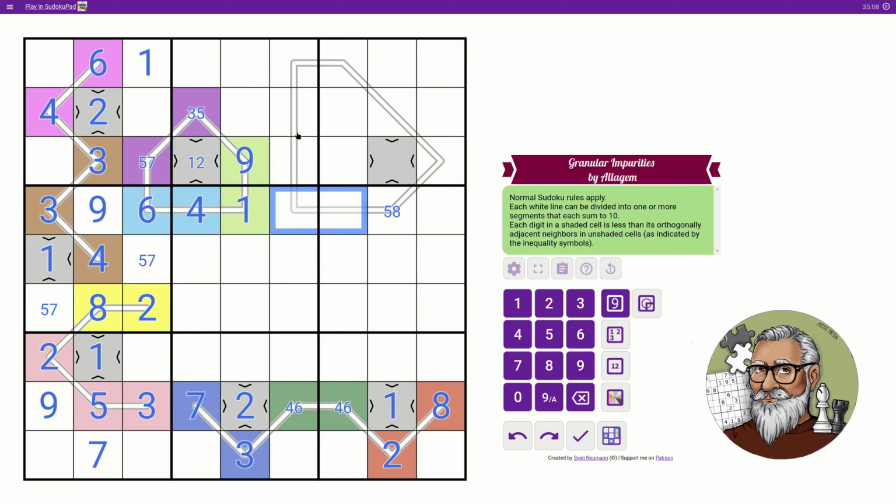I am not sure what's going on. The only issue could be if this is, well, this could be 1-4 as well, couldn't it? If this is 5, we can even have 1-4, right? We don't even need a 3-2. But 1-4, that's still okay.